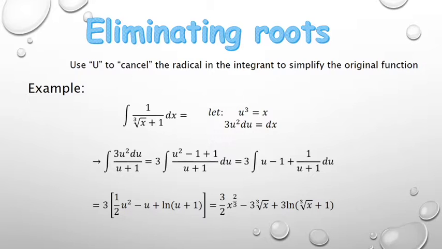And we can move the 3 out of the integral sign, so it becomes 3 times the integral of u squared over u plus 1 du, which equals 3 times the integral of u minus 1 plus 1 over u plus 1 du.